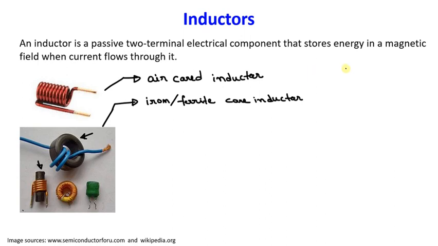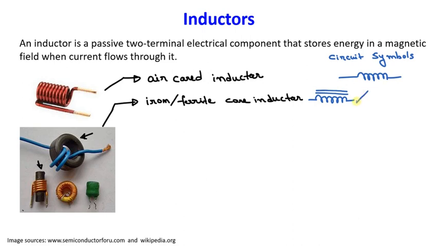What about the circuit symbol of these inductors? For an air core inductor, we represent it by this symbol. Whereas for an iron core, we use this symbol.